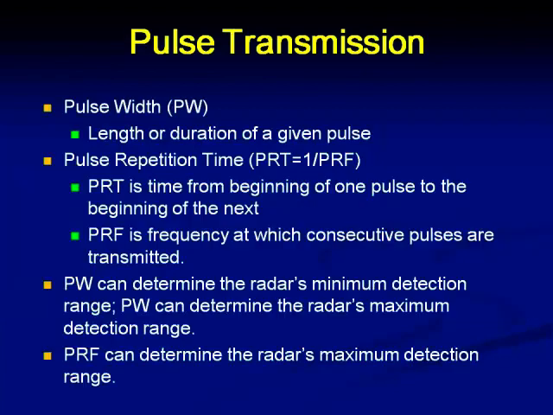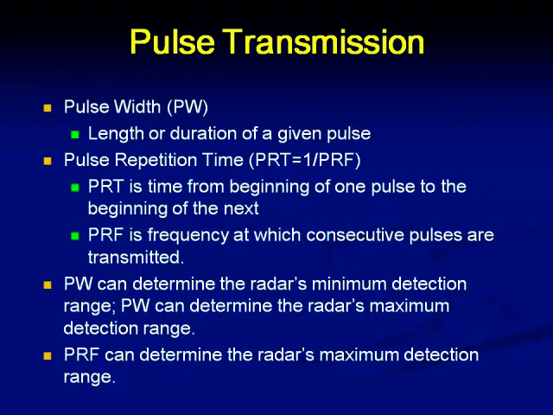Pulse width plays a very important role, so whether it should be long or very short is a point of discussion in the design. Similarly, the pulse repetition time is another important parameter, and the reciprocal of this is the pulse repetition frequency. That will also have a bearing on the results we get.